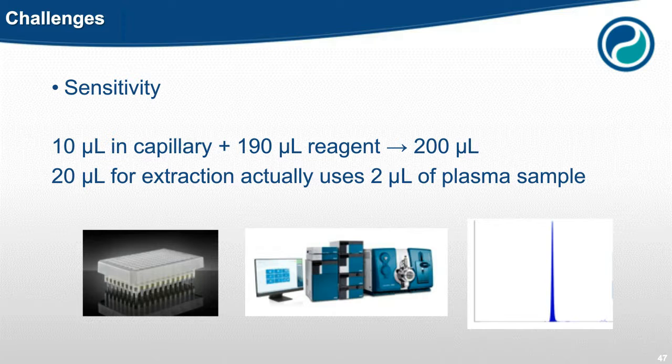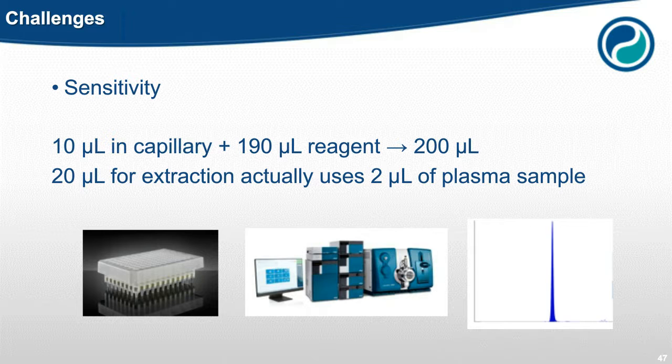So if we're using 20 microliter of the washout sample for extraction, that means the actual plasma sample we're using is only 2 microliter, and that's all we can use because we also need to consider potential reassay and ISR down the road. So that gives us the challenge: how can we make our method more sensitive?